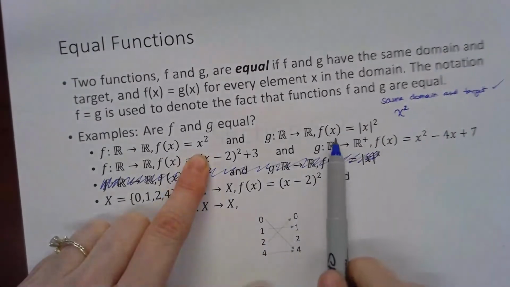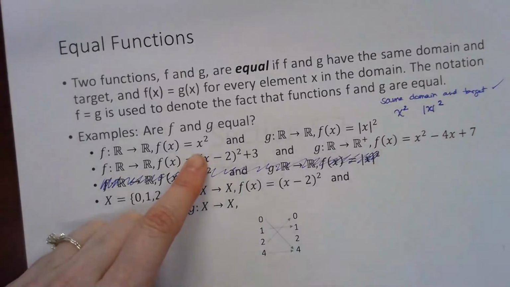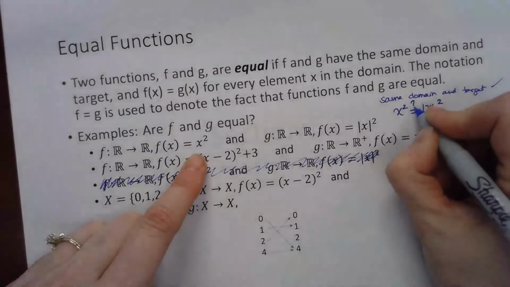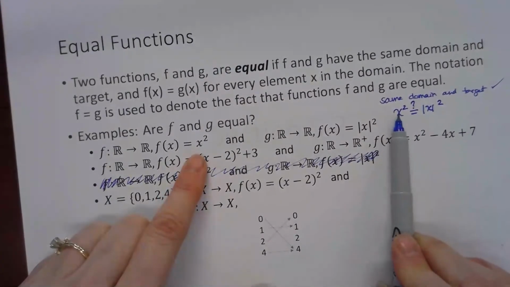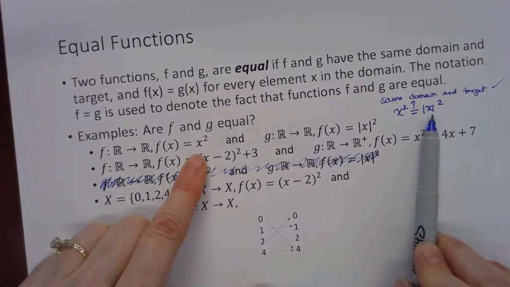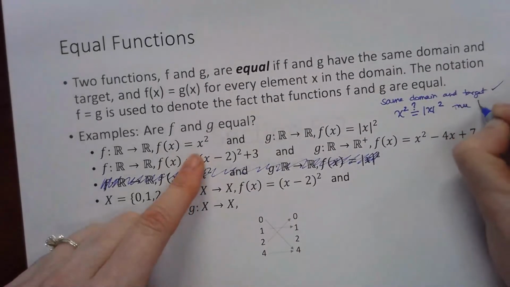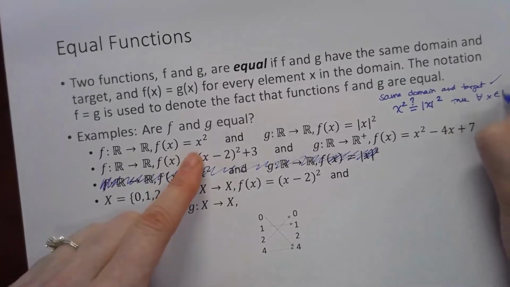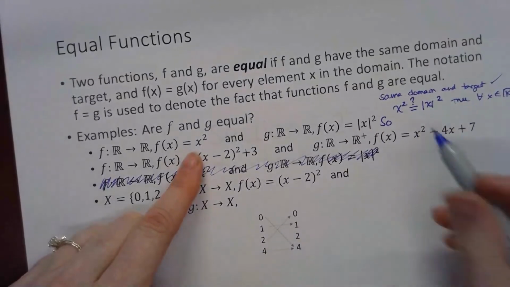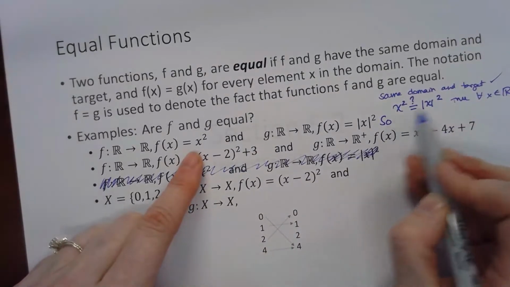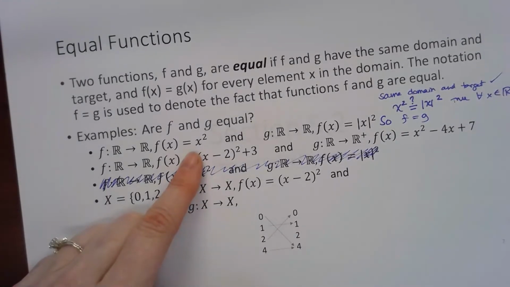If I go to this function and I do g of x, I'm going to get the absolute value of x and square that. And now the question is, are those always equal? Is x squared always going to be exactly the same as the absolute value of x squared? Yeah, these are always equal. This is true for all real numbers. So since they have the same domain and target, and f of x always equals g of x, we would say that f equals g. These are equal functions.